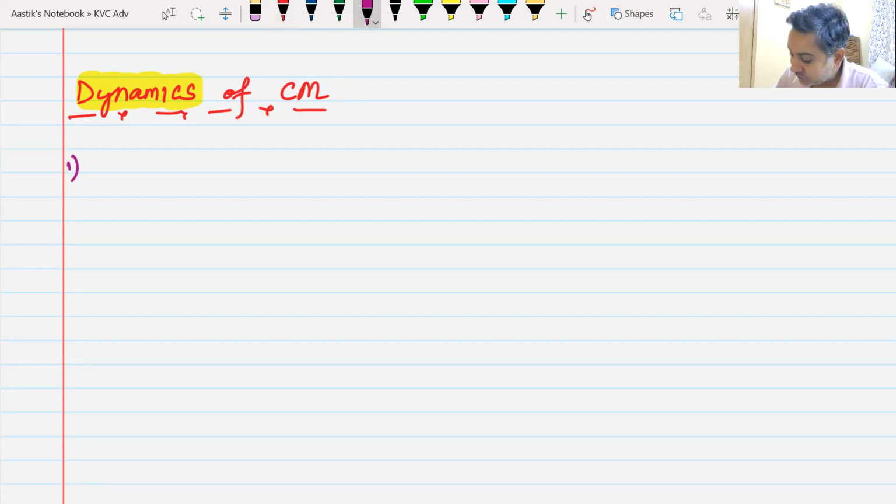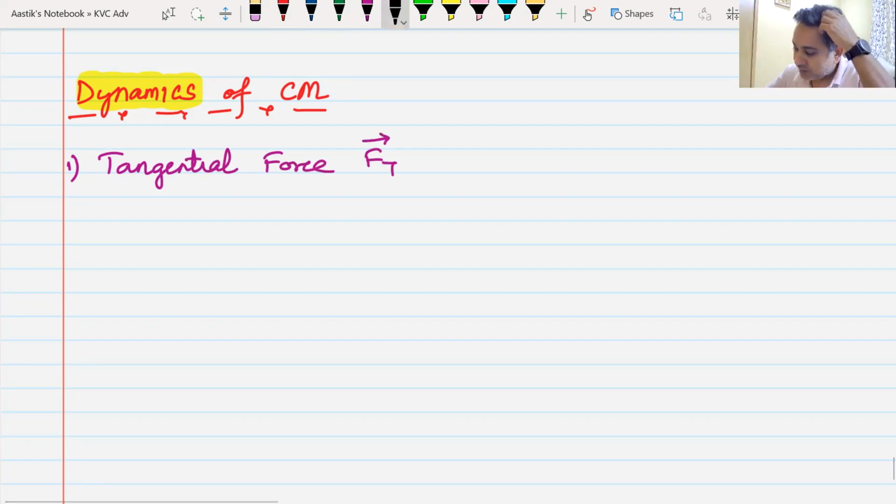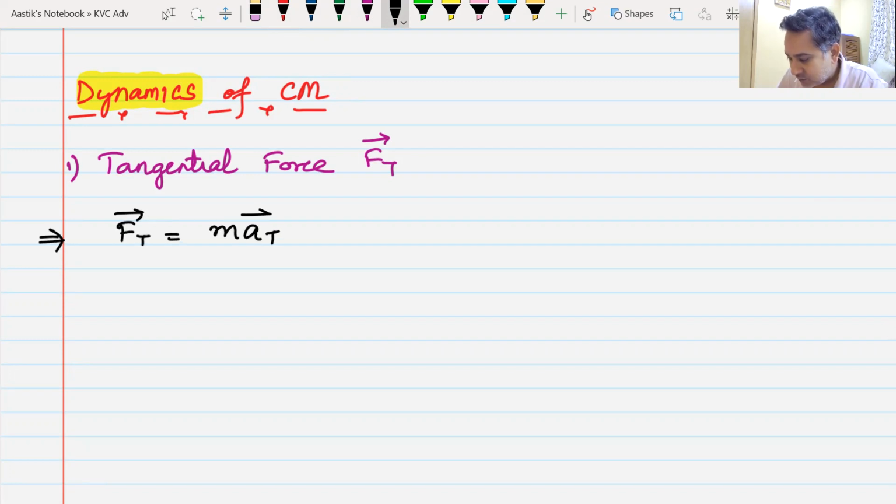Number one is tangential force. You can call that force Ft. How will you get the value of this tangential force? This Ft will be nothing but equal to m into At. Do we understand this? Yes, sir. And this is exactly the same as what we were doing in Newton's laws of motion.